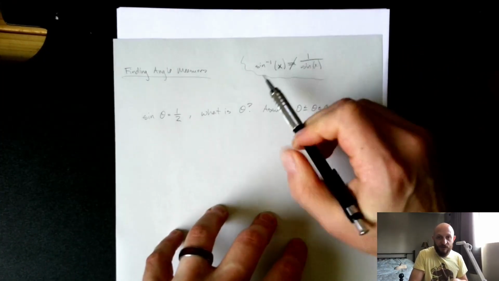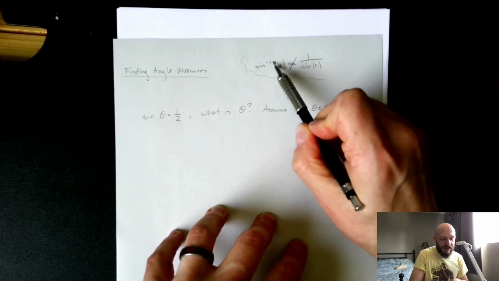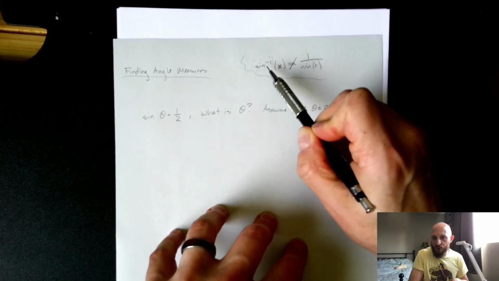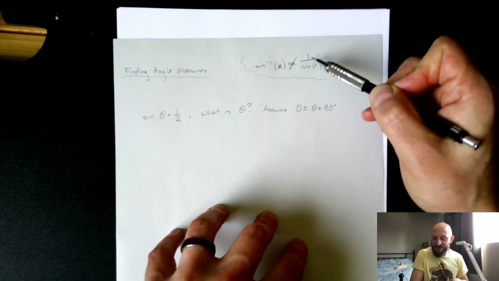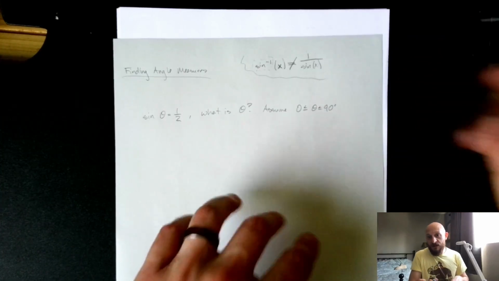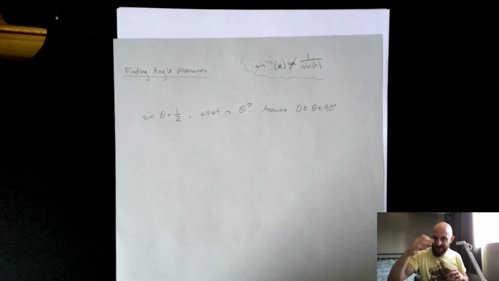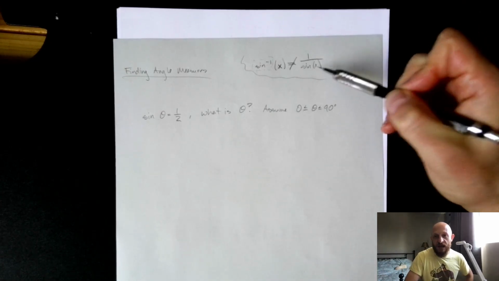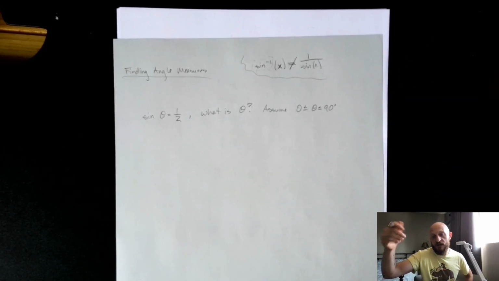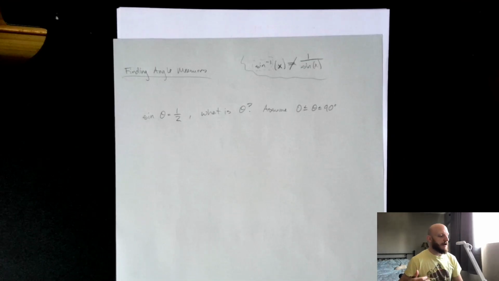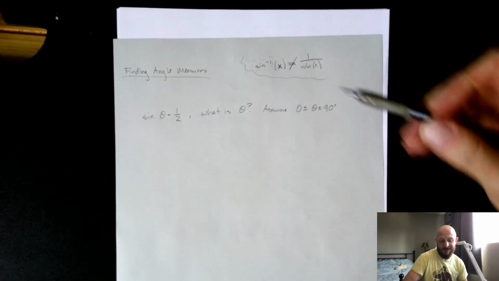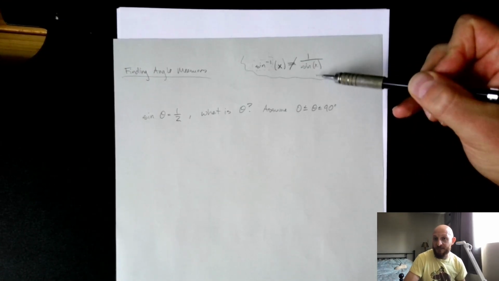So what I'm saying here is that on your calculator, the sine inverse button is not the cosecant button. If you want to use the cosecant button, there's like an x to the -1. That does represent reciprocal. So you could do sine x and then do the reciprocal button, and that will calculate cosecant, or you can write it this way, 1 divided by sine of x.